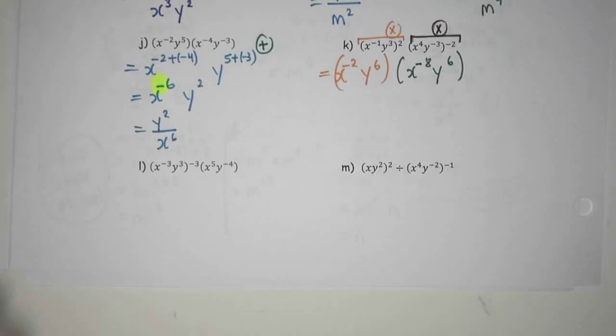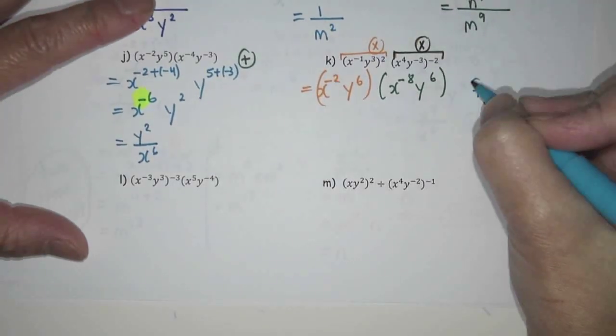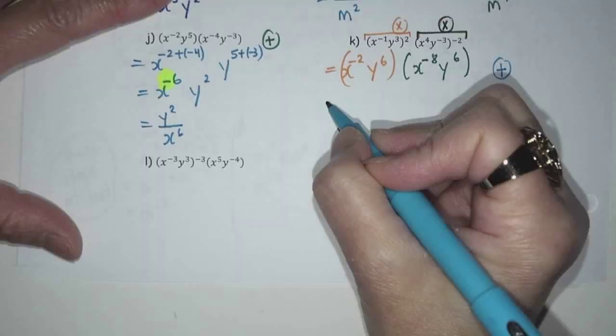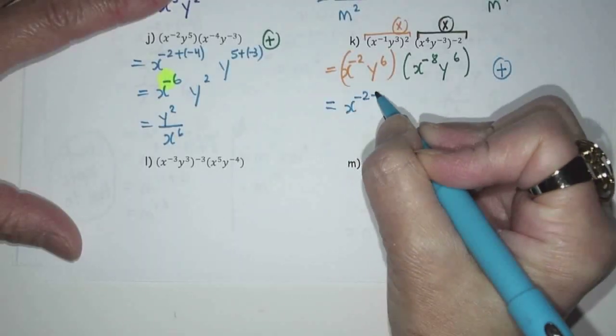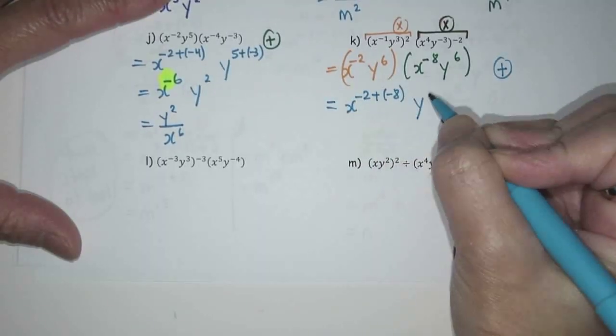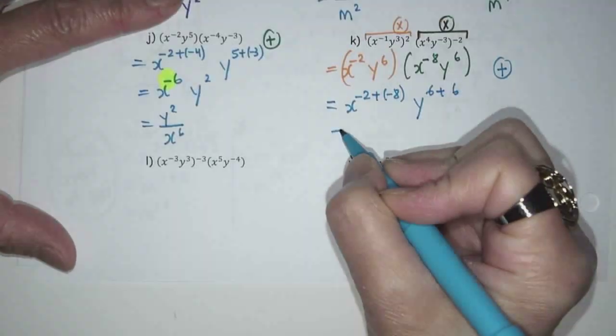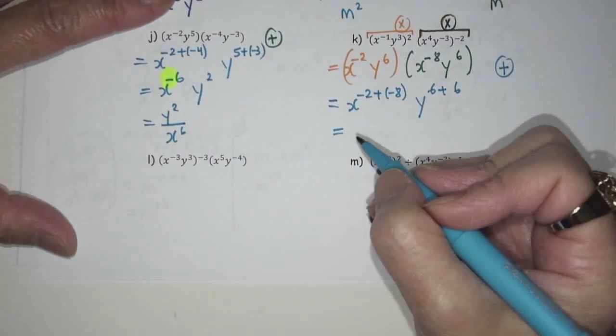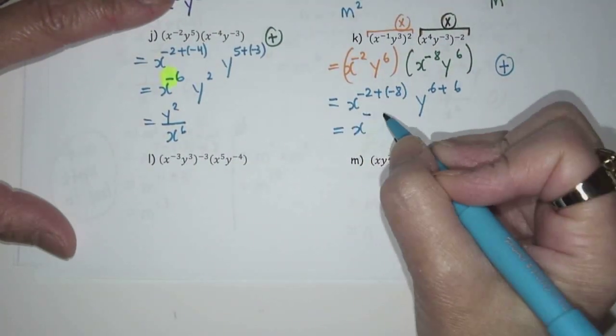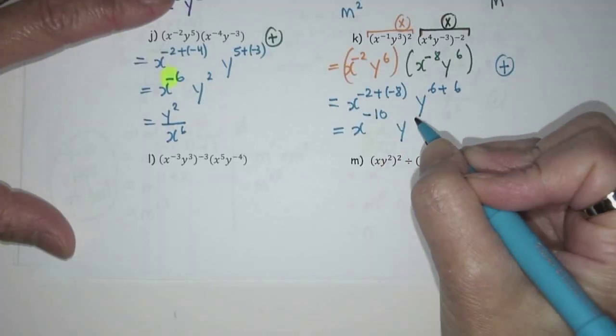Okay, now it's multiplication, so now we're going to do addition. So this will be x to the negative 2 plus negative 8, and y to the 6 plus 6. So this will get me x to the negative 10 and y to the 12.